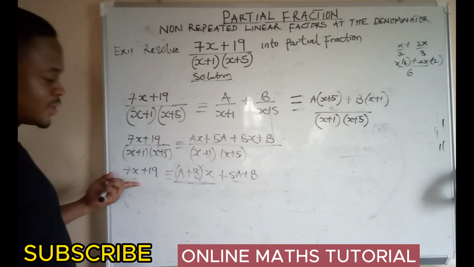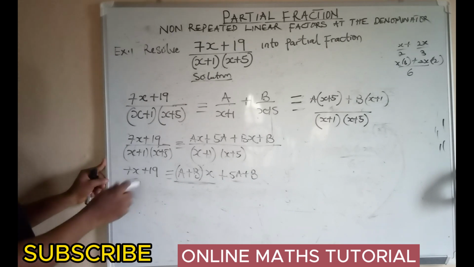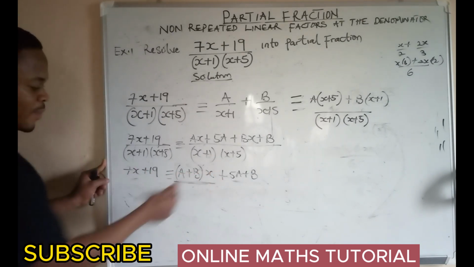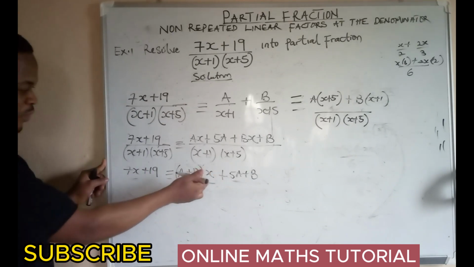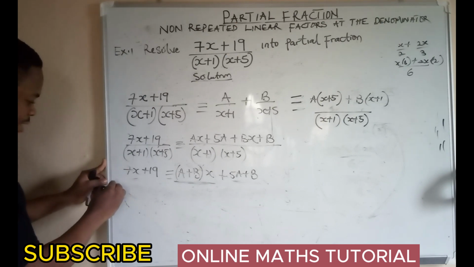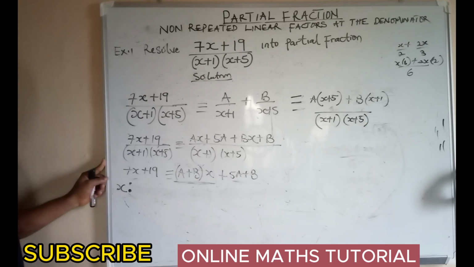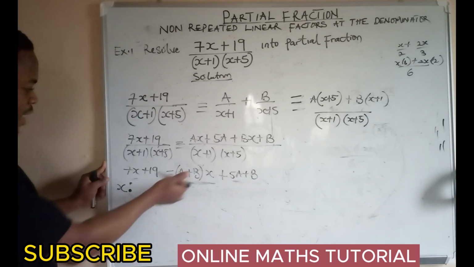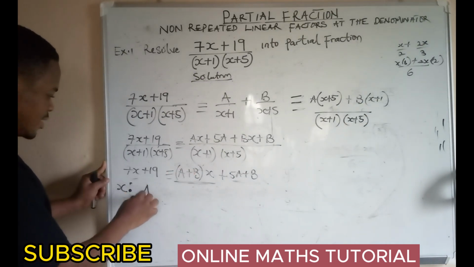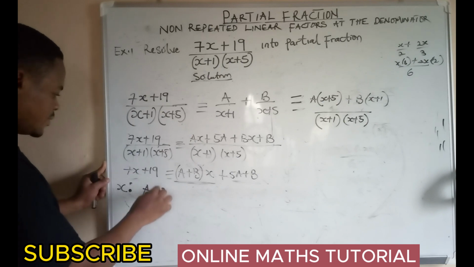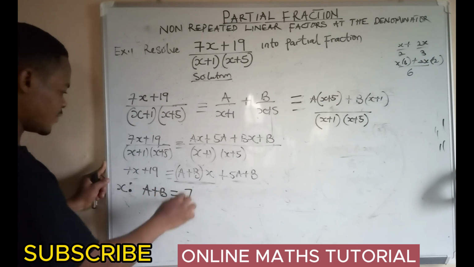Okay, at this point we will look at the variables. The ones with the variable here is x. So we can say that a plus b is equal to 7.